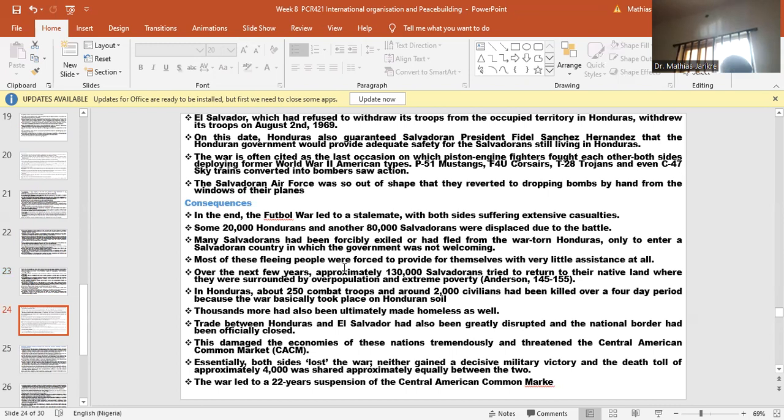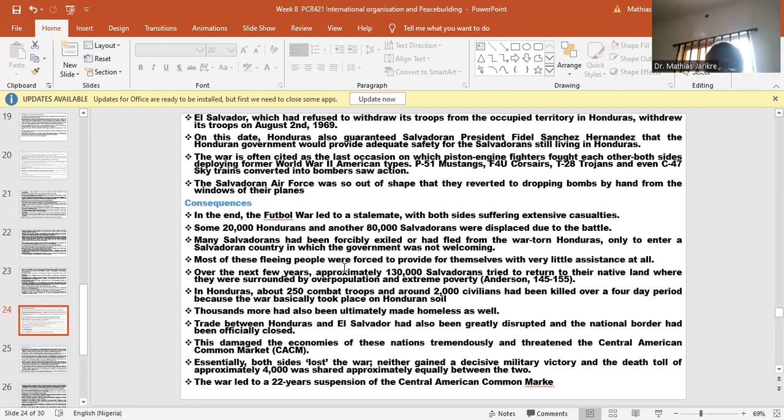And El Salvador, which had refused to withdraw its troops from the occupied territory, withdrew its troops on August 2nd, 1969. On this date, Honduras also guaranteed the Salvadorian President Fidel Sanchez Hernandez that the Honduran government would provide adequate safety for the Salvadorians still living in Honduras.